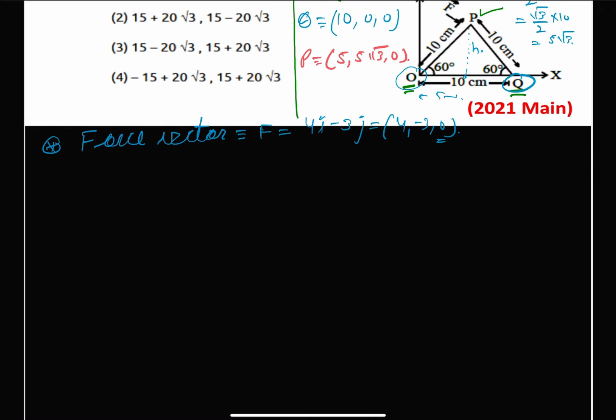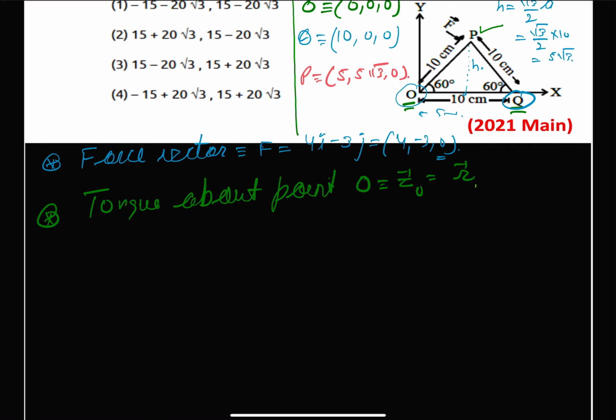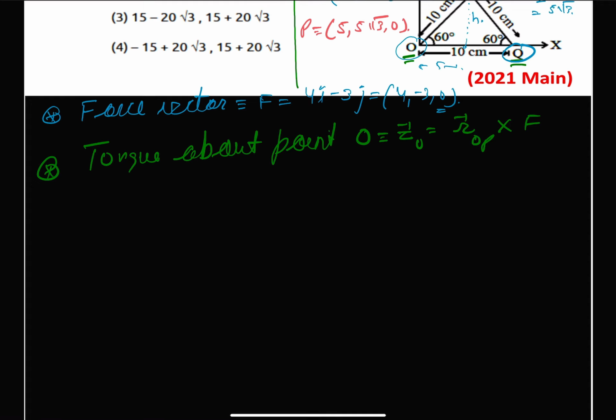So let us start with point O. We can say our torque about point O, let us call this tau O, will be equal to the position vector OP cross product with our force F. So let us find out our position vector OP, which will be equal to 5, 5 square root of 3, 0 minus 0, 0, 0, which comes as 5, 5 root 3, 0.